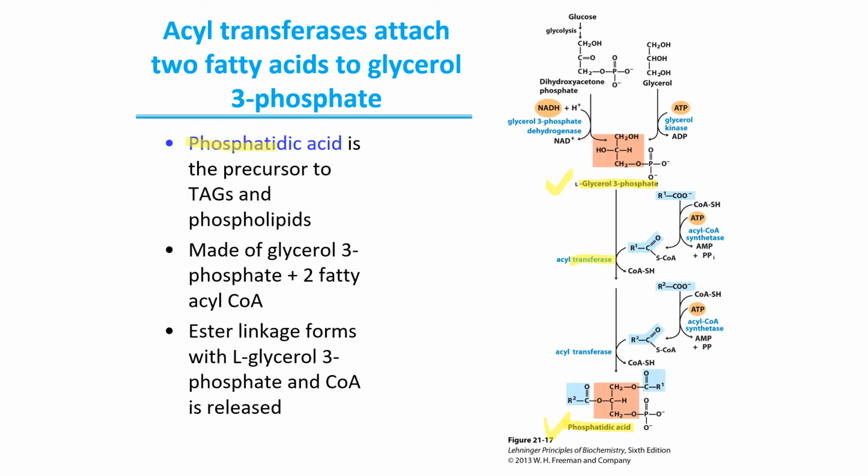Phosphatidic acid is also considered to be a precursor of the TAGs and the phospholipids. A precursor is a molecule from which we make another molecule. And this phospholipid is made up of glycerol 3-phosphate, plus we attach two fatty acids to it, which is done with the help of the enzyme transferase.